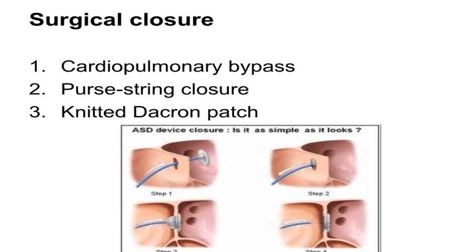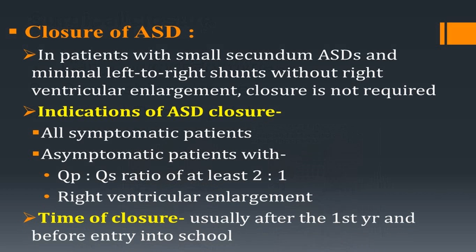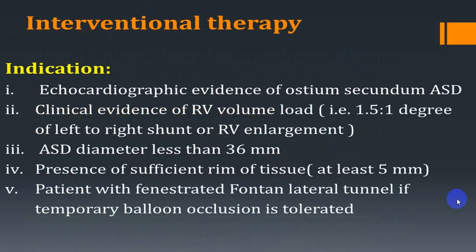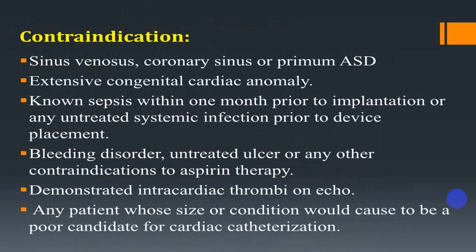In some of the conditions, you can go for cardiopulmonary bypass. You can go for an open surgery where you do a purse string closure or you use a Dacron patch. We'll show you some of those. So usually by and large a catheter closure is done. So catheter closure is the most common which is done.